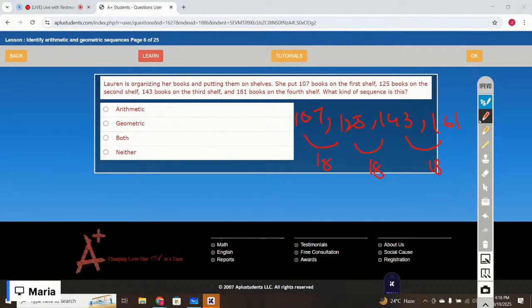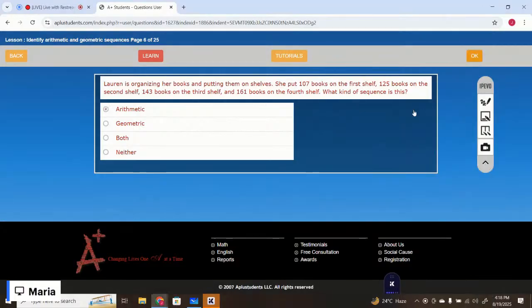So you are adding 18 every time, the same number. So that is an arithmetic sequence. Option number 1 is the correct option.